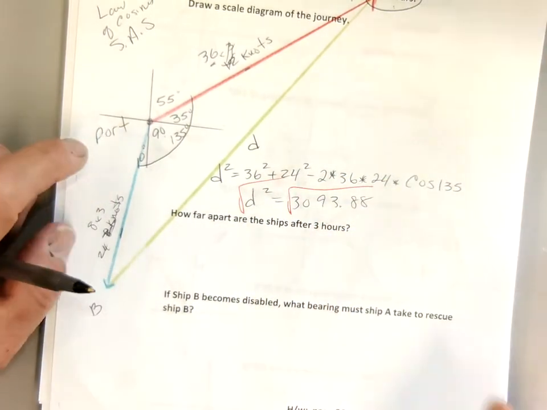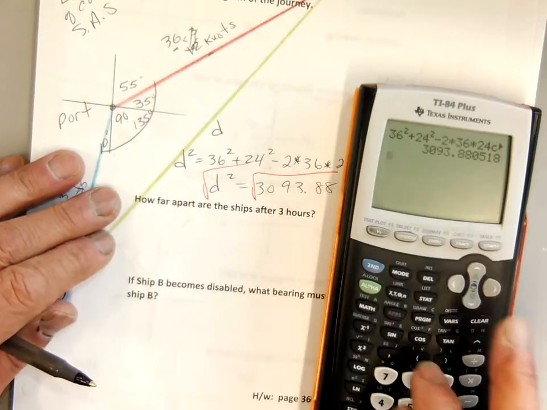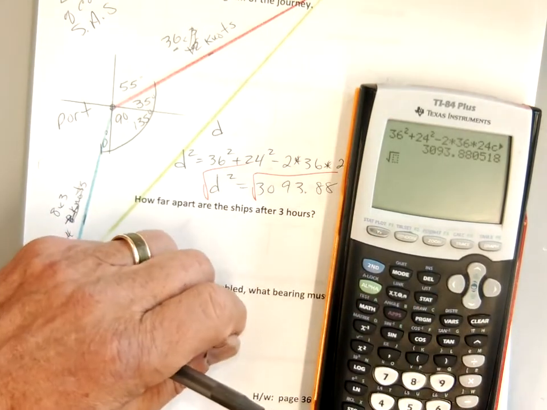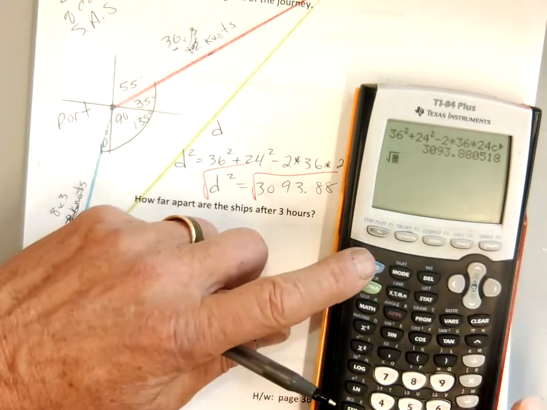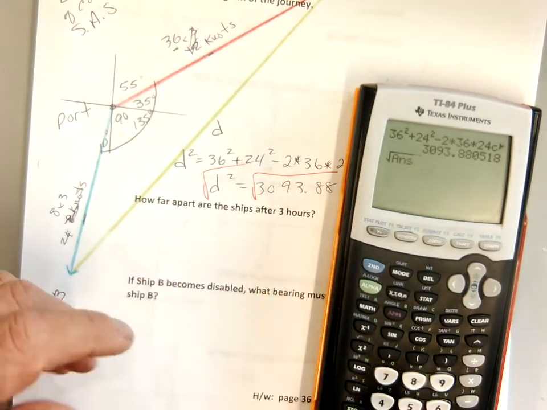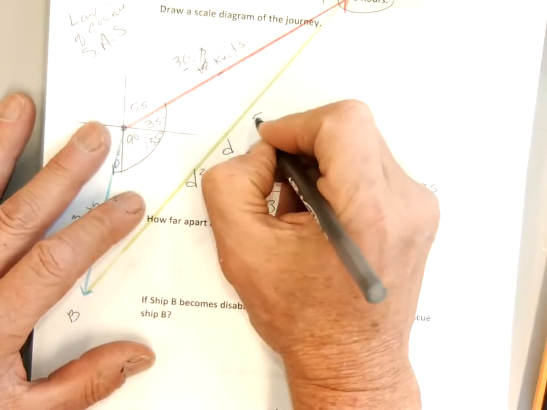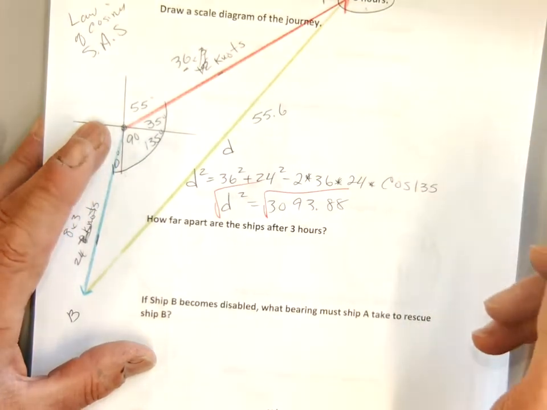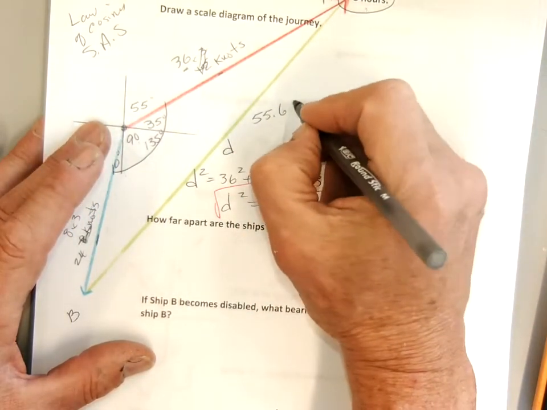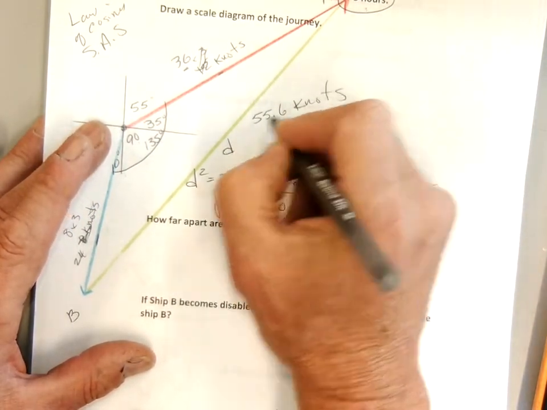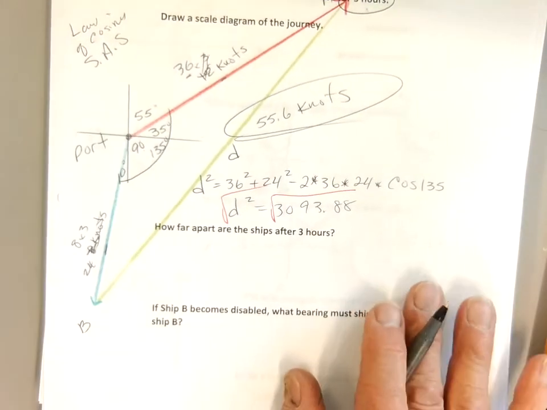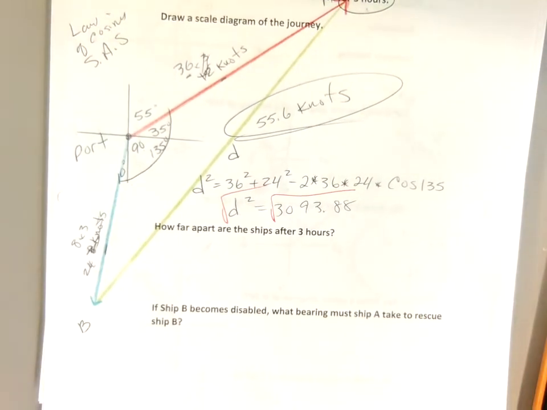Square root that answer. And I get about 55.6, okay? And that's the answer to how far apart they are, in nautical miles, which is a length, but a boating length, okay?